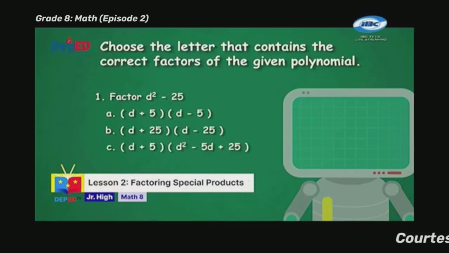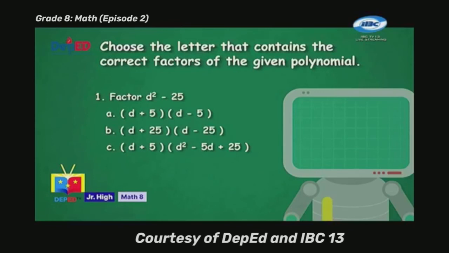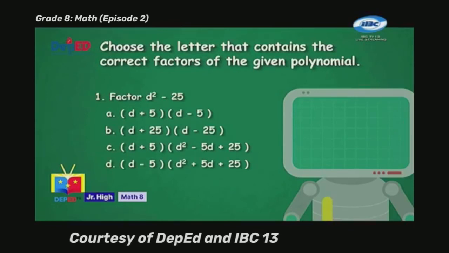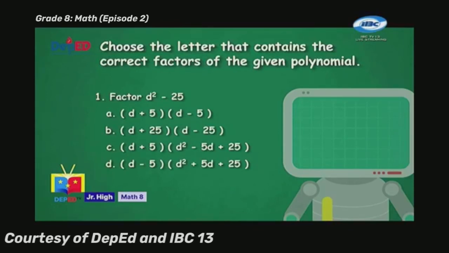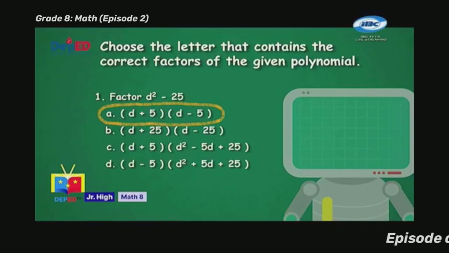Or is it C, d plus 5 times the quantity d squared minus 5d plus 25? Or D, the quantity d minus 5 times the quantity d squared plus 5d plus 25? The correct answer is A, the quantity d plus 5 times the quantity d minus 5.